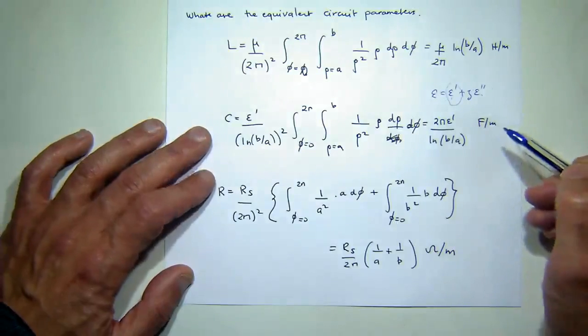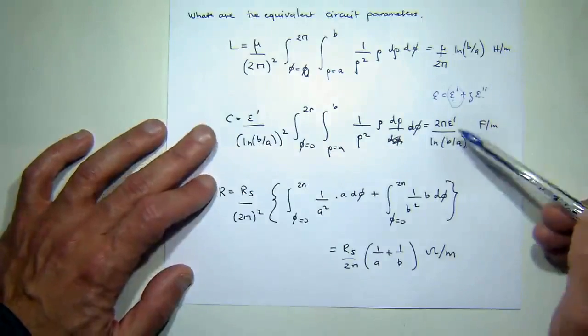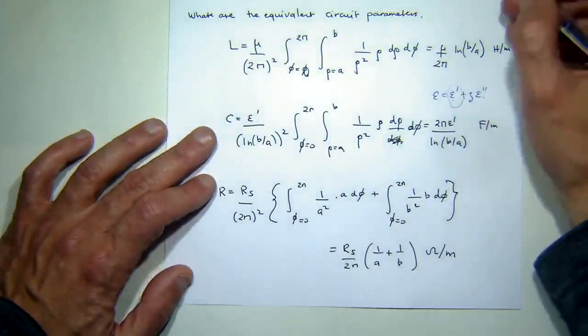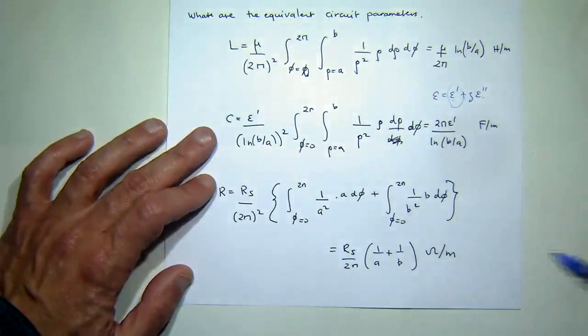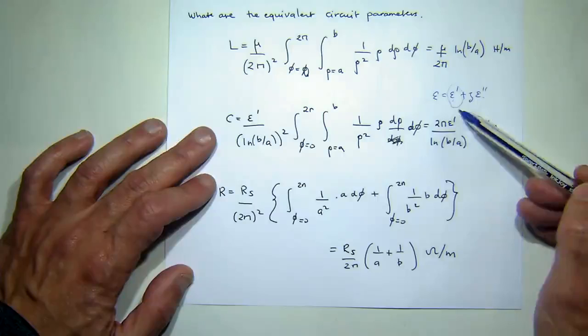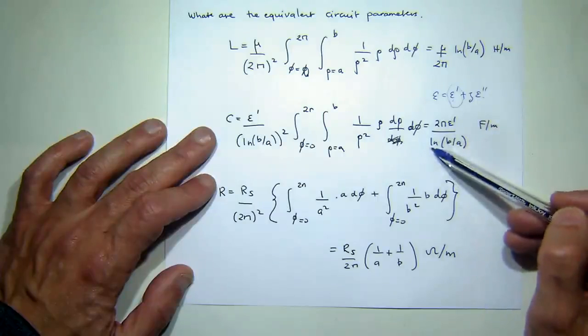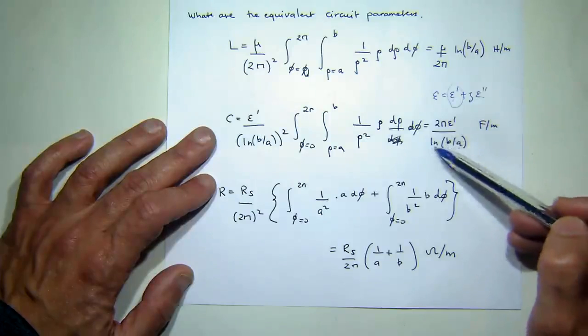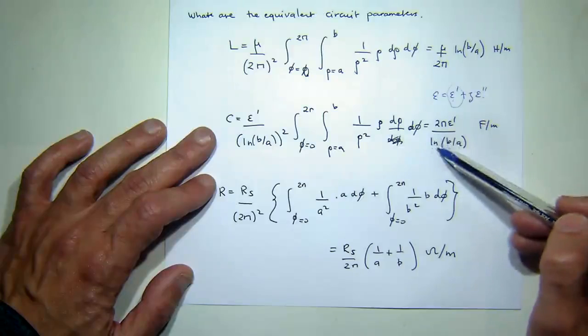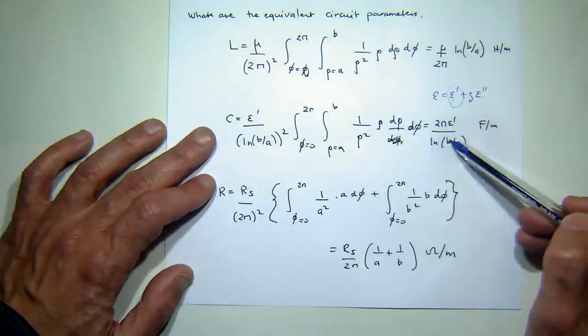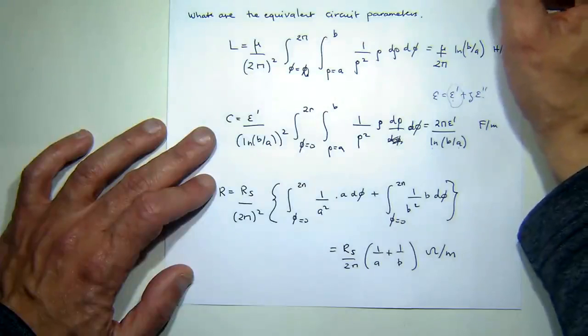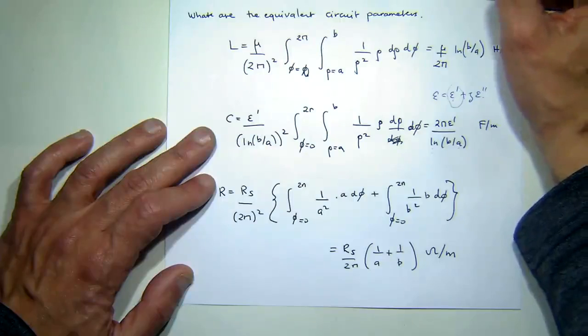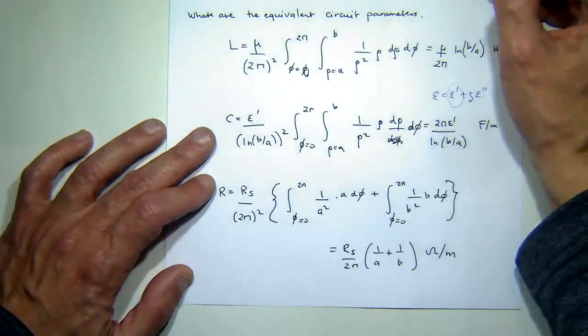That's correct. And if you go through this process, you can work out that the capacitance per unit length for any arbitrary coaxial cable is 2 pi epsilon dash over the natural log of the ratio of B to A. So it goes inversely as the natural log of the ratio of the outer radius, which is how far the sheath is from the center, to the radius of the actual core.